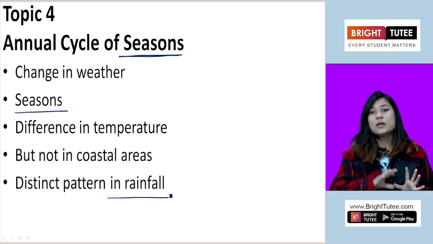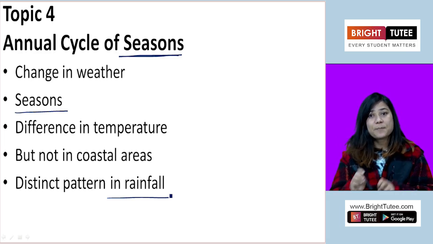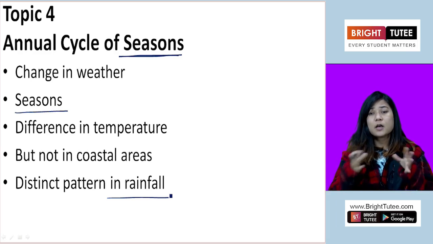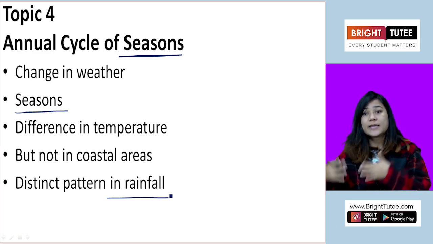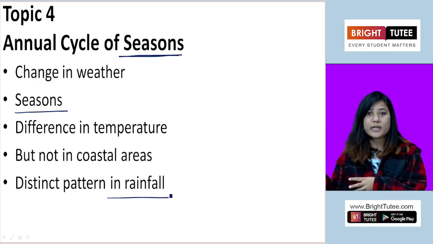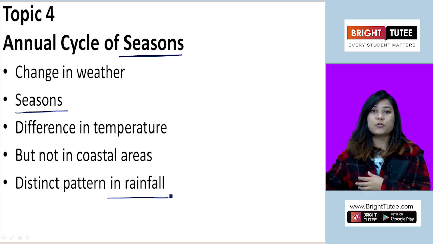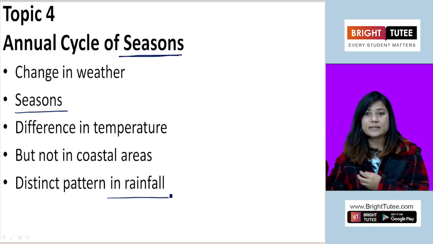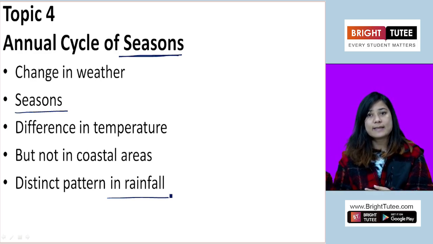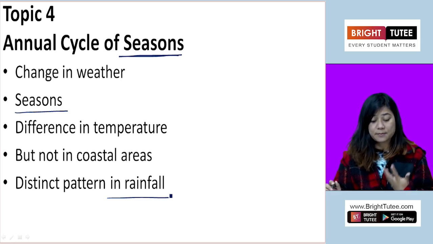A certain pattern in the rainfall and the temperature occurs for a certain amount of time. Again, for the next few months, that changes. In the next month, it goes on varying, that temperature or that pattern of rainfall. So that is seasons basically.